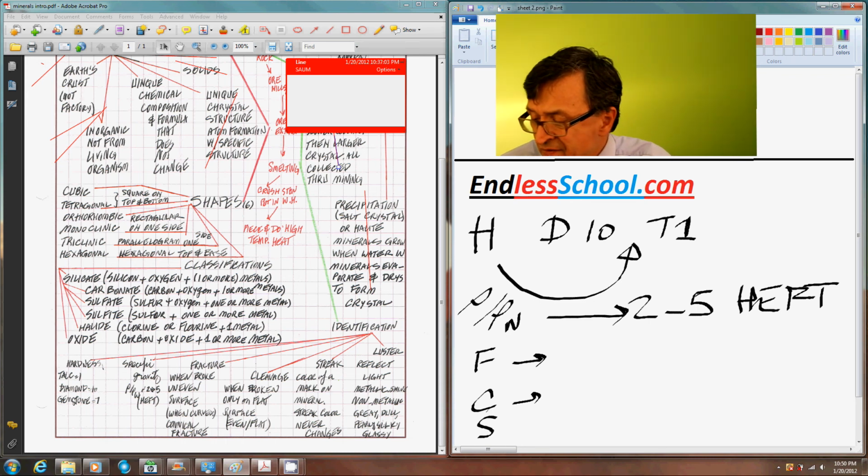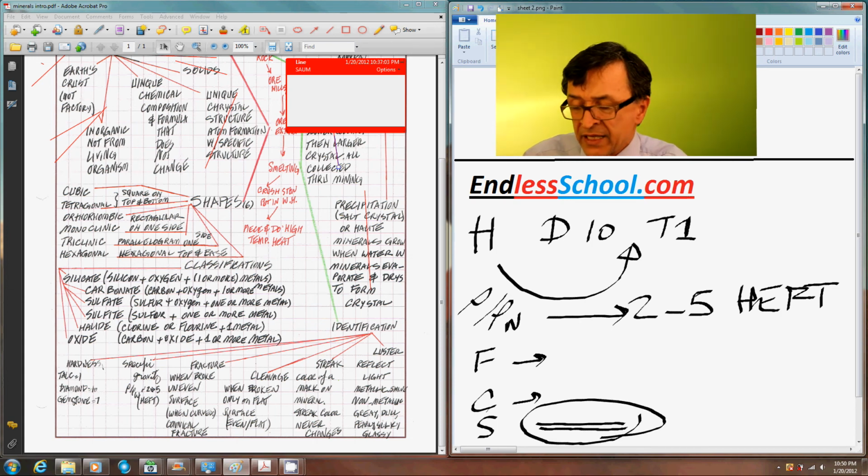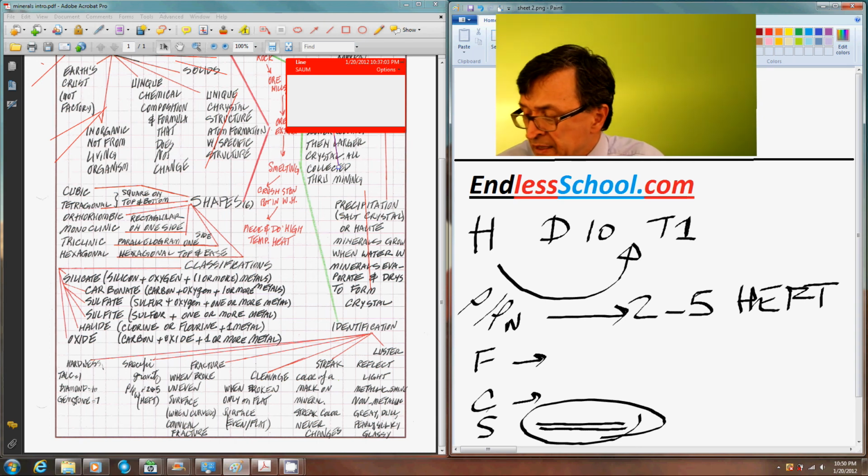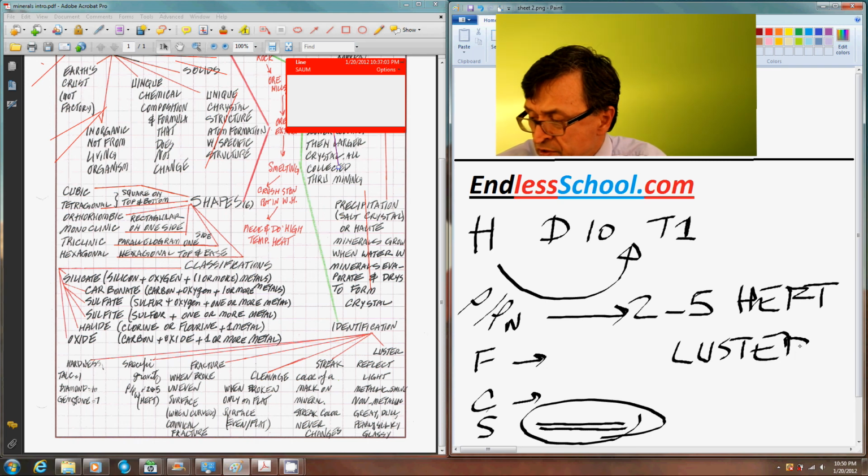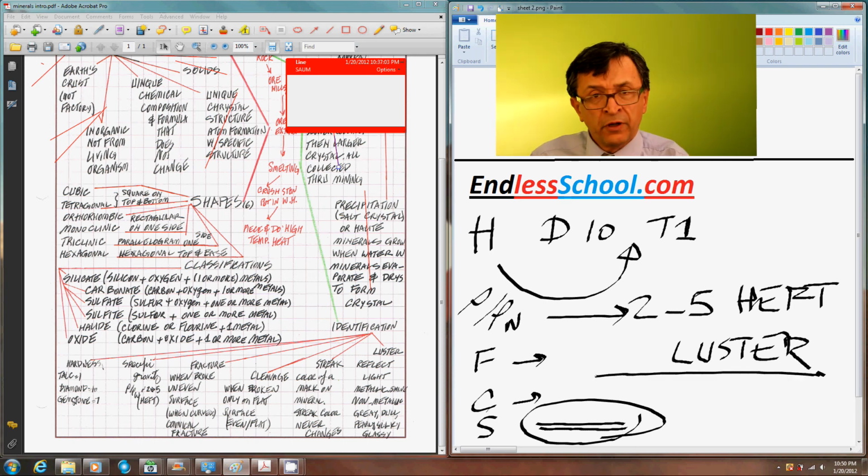Last but not least is luster, and luster is a French word for shiny. Luster is like the chandelier, where the metal minerals are very shiny, and non-metals are gray, dull, and pearly.